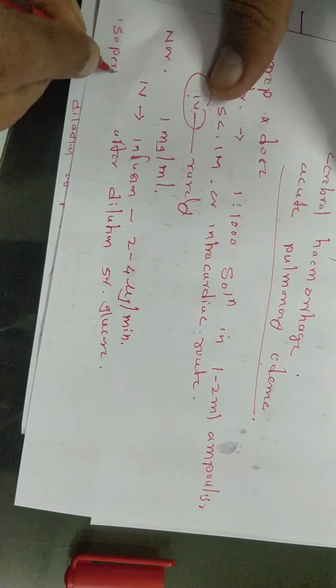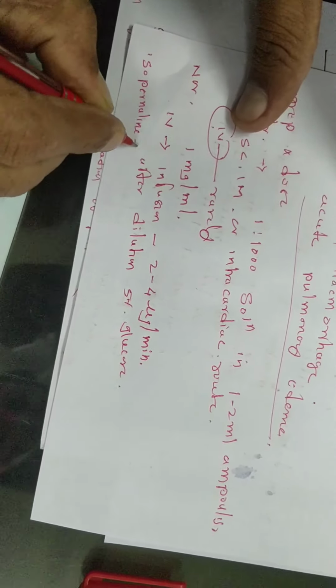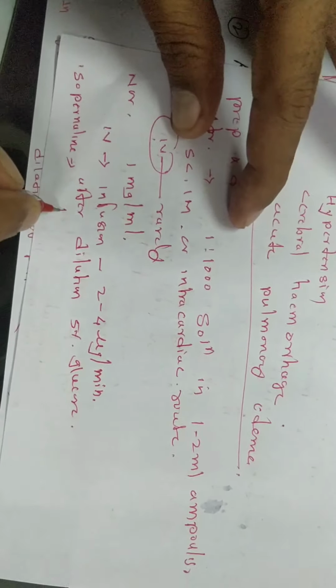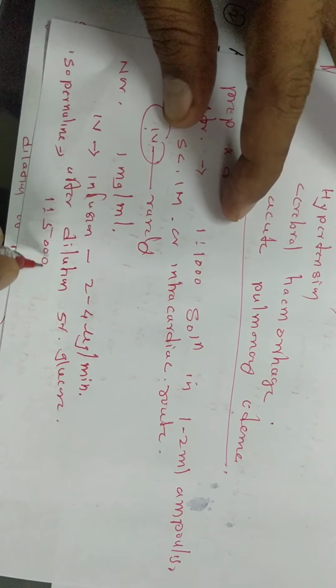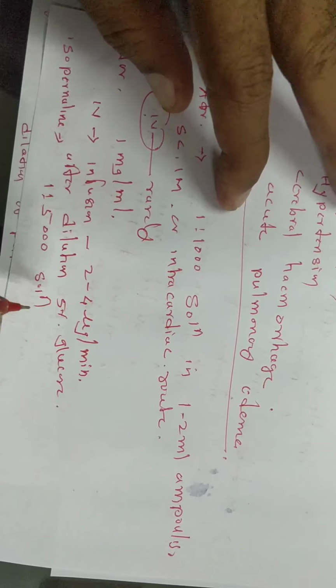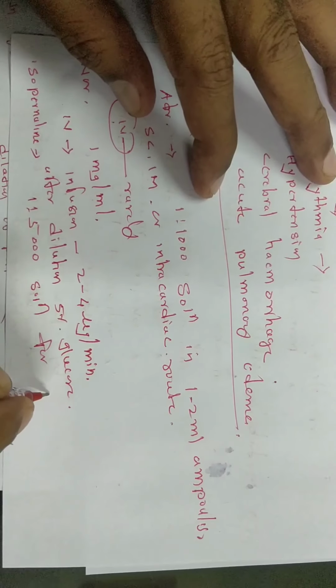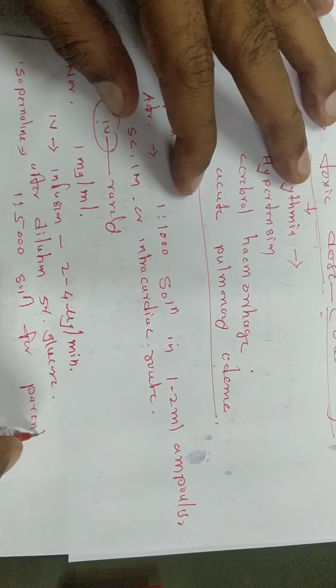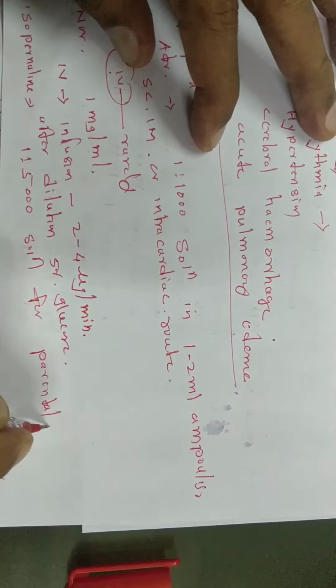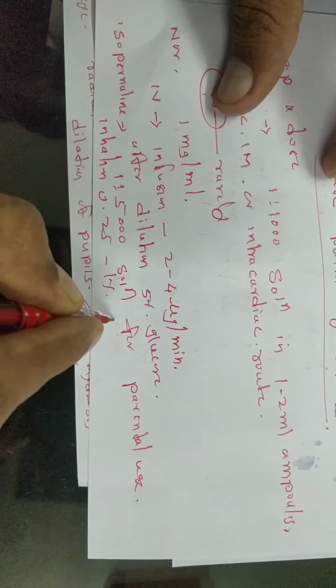Next is isoprenaline. It is given as 1:5000 solution for parenteral use, and for inhalation 0.25 to 1% solution.